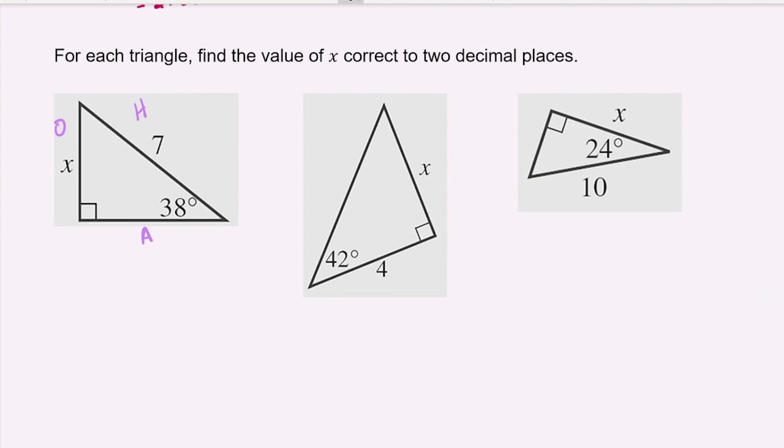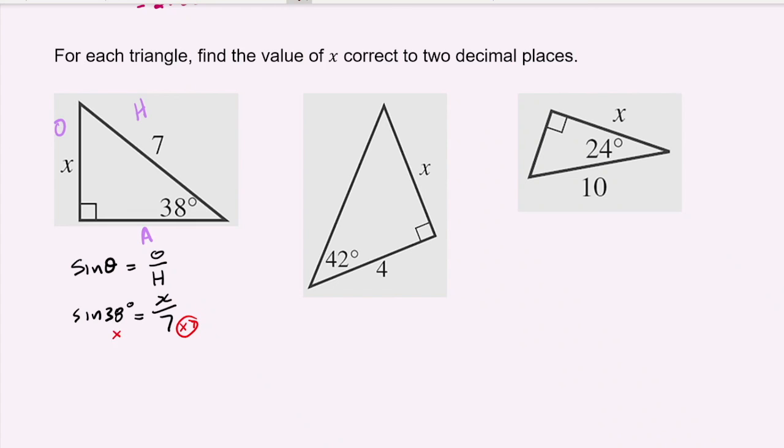So we're left with sine. So sine theta equals O over H. Okay, so we plug in what we know. Alright, so sine 38 equals x over 7.